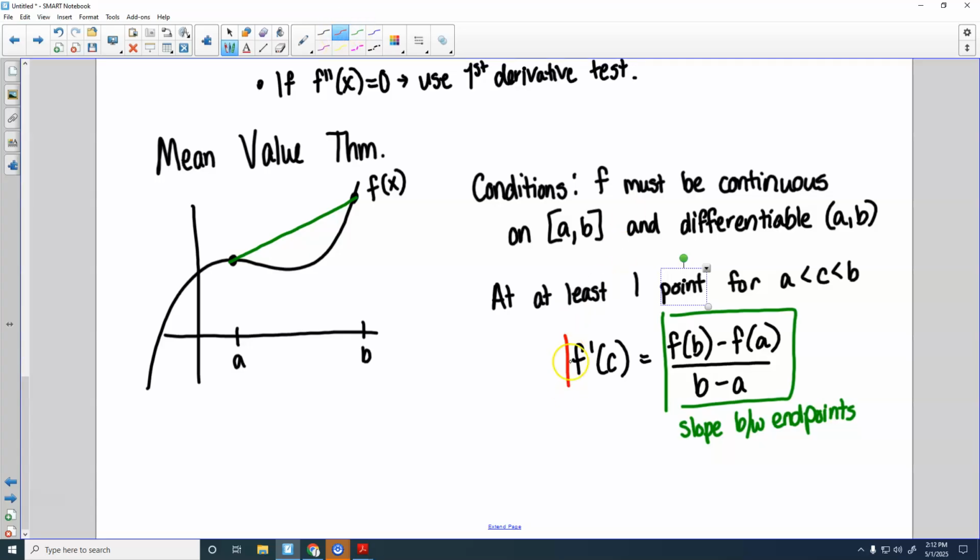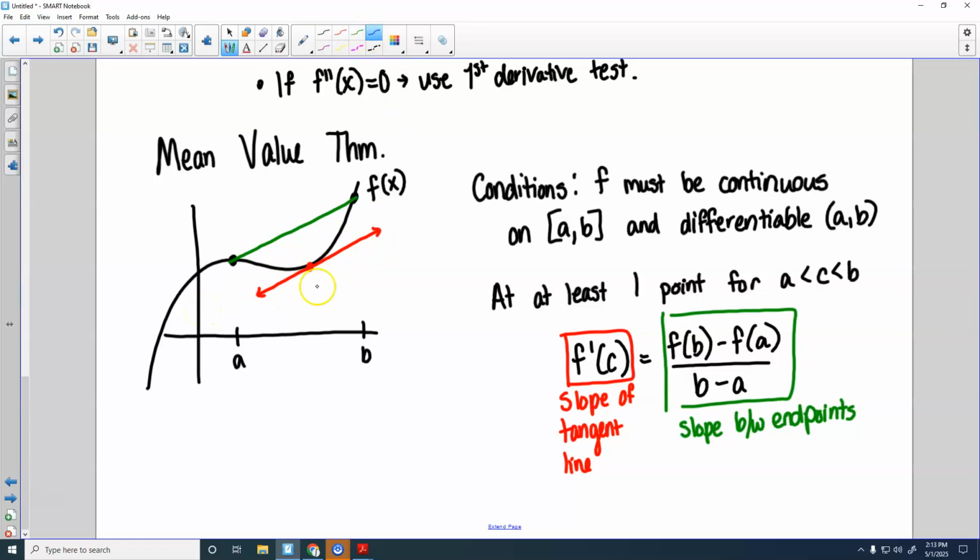And f prime, what does f prime give you? What does it represent on a graph? The slope of the tangent line. So there's got to be one point somewhere on this one, probably about right here, where your tangent line and your slope between the endpoints are the same.